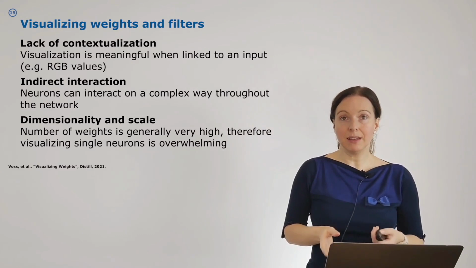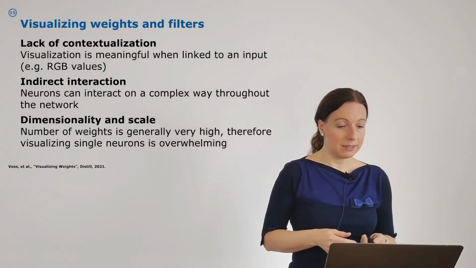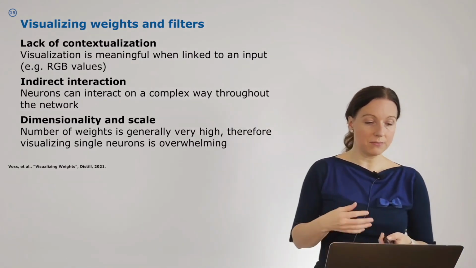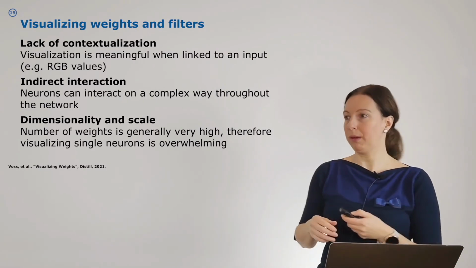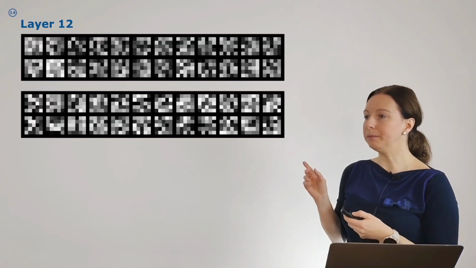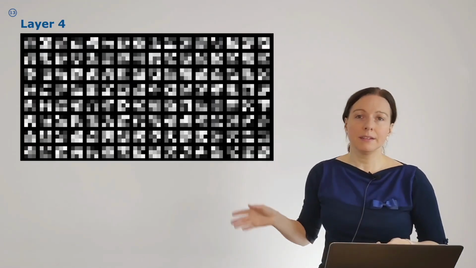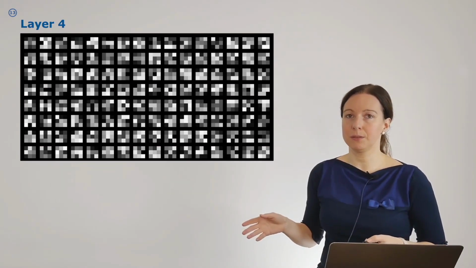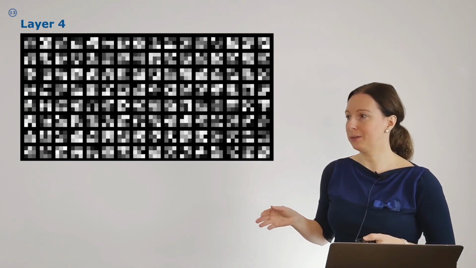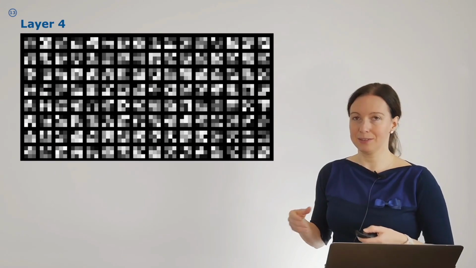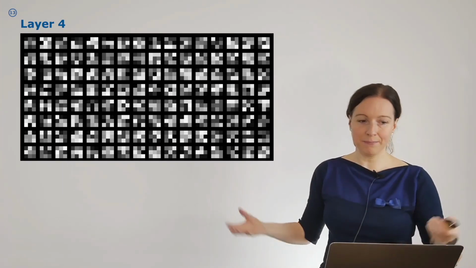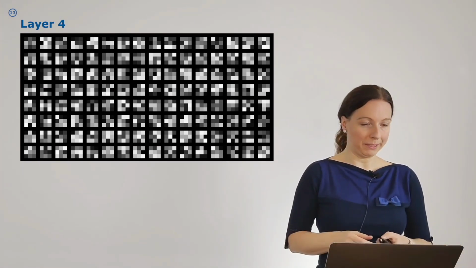Generally the number of weights is very high, so the visualization is super overwhelming. For example here and here, this is only a part of all the filters which were actually learned. So if we plot all of them, it gets even more overwhelming.